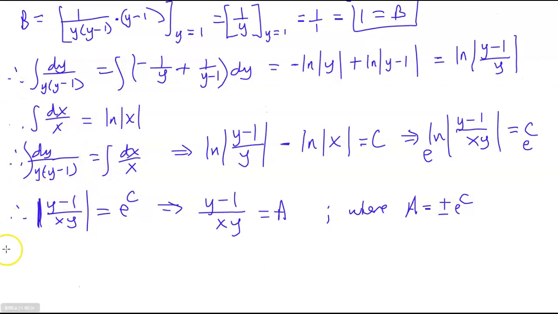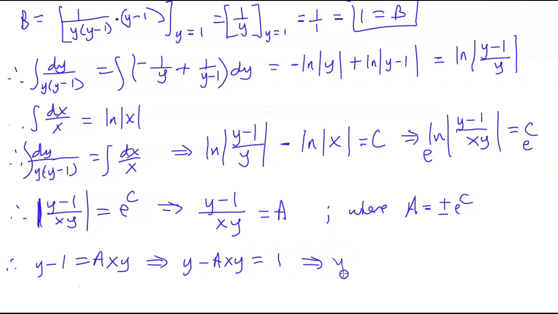Now, with that being said, we just now need to rearrange our equation to solve for y. And so if we multiply both sides by xy, we have this situation here. And then I'm going to get all terms with y on the same side. So if I do that, my equation will look like this.